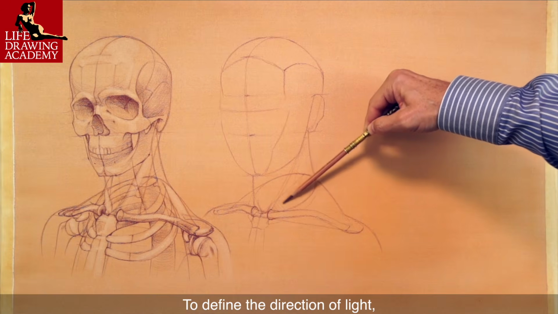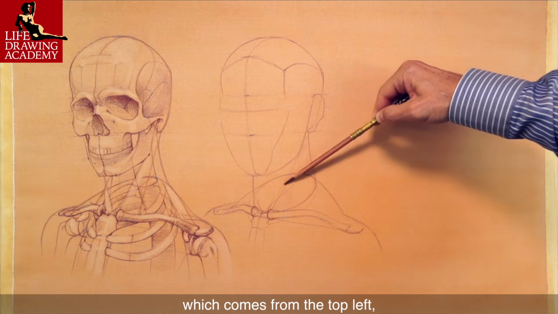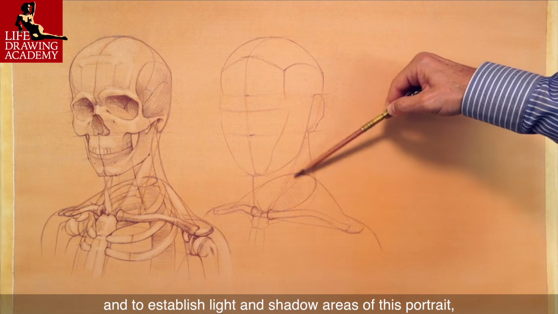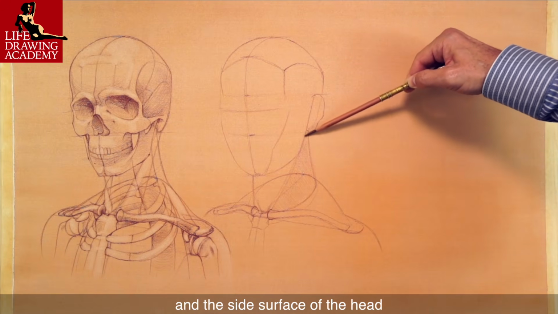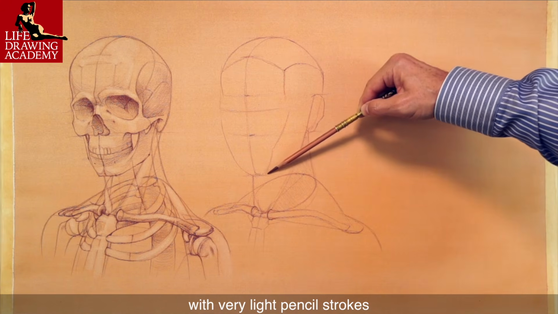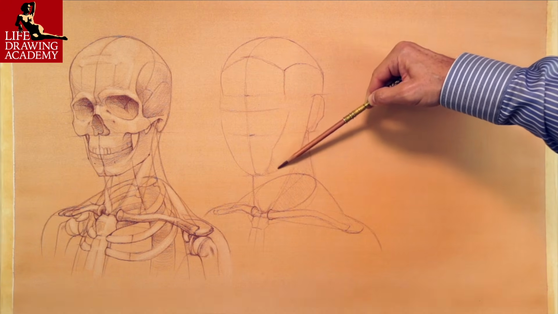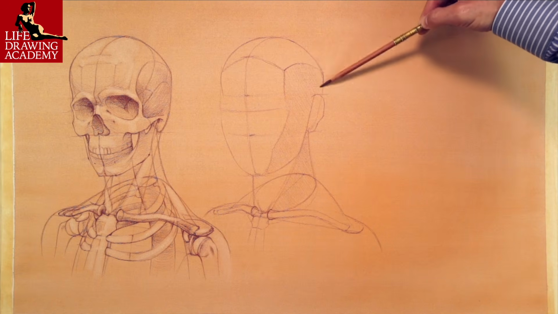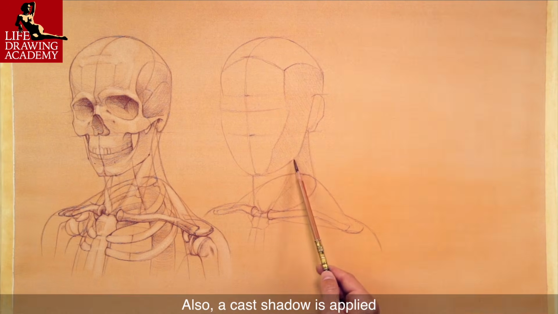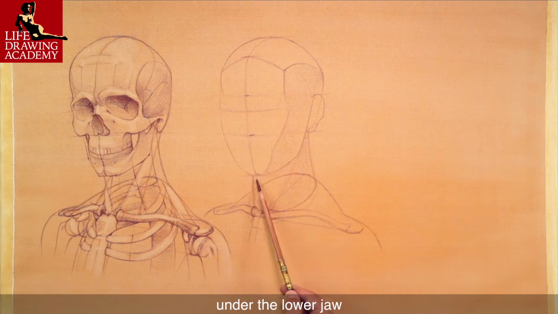To define the direction of light, which comes from the top left, and to establish light and shadow areas of this portrait, we can shade the side of the neck and the side surface of the head with very light pencil strokes. Also, a cast shadow is applied under the lower jaw.